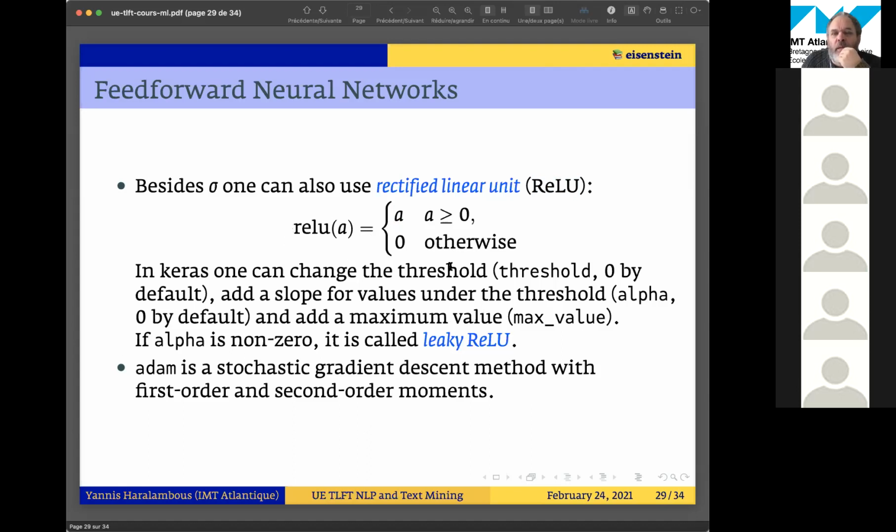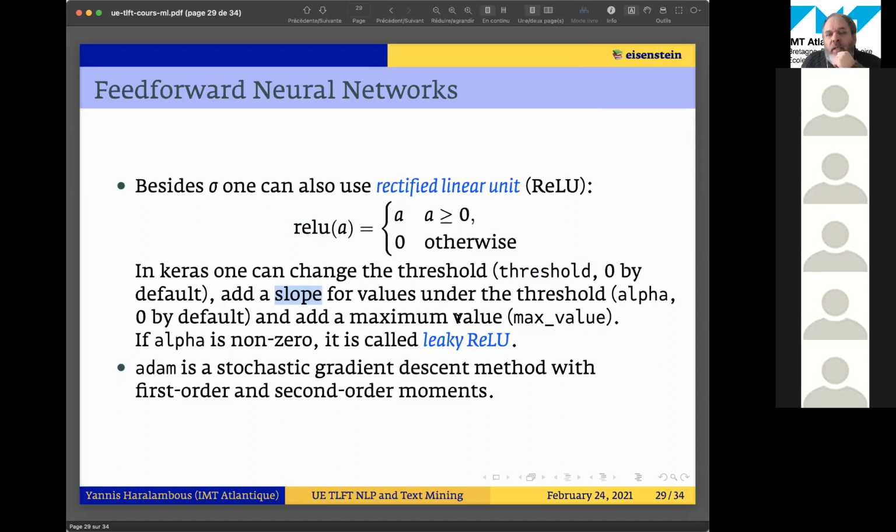And there's a big change between 0 and non-zero values. So there are means of playing around with this function. For example, you can change the value where it starts being the identity. You can add a very small slope for negative values.